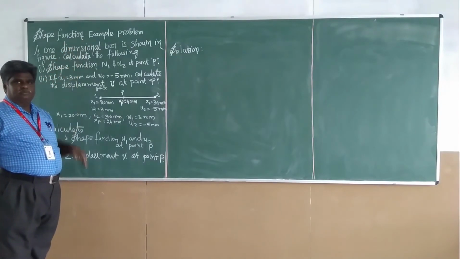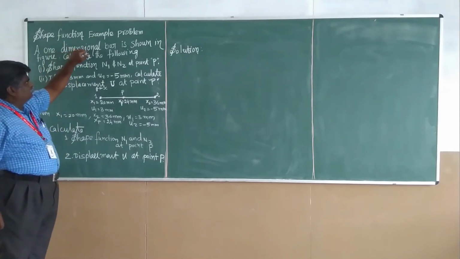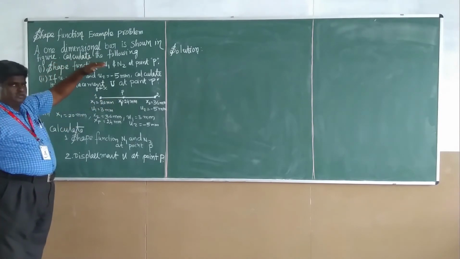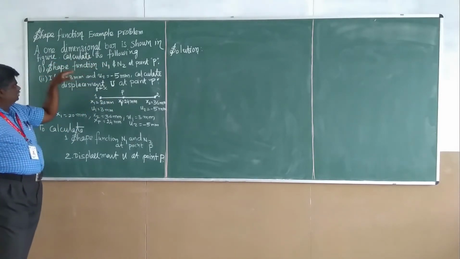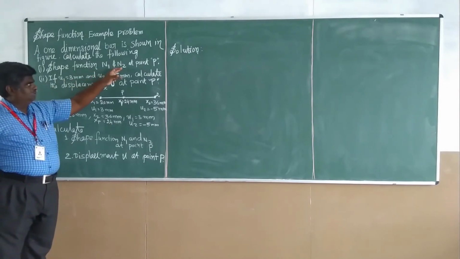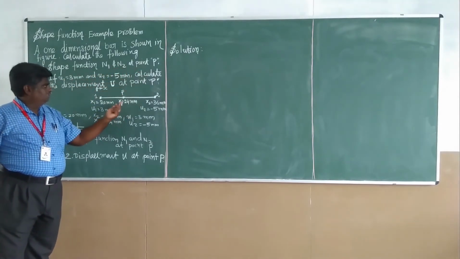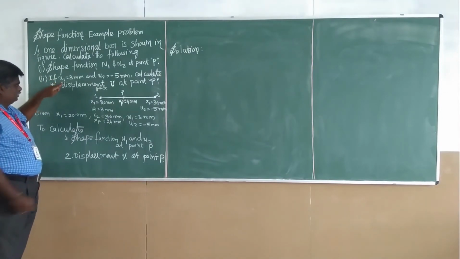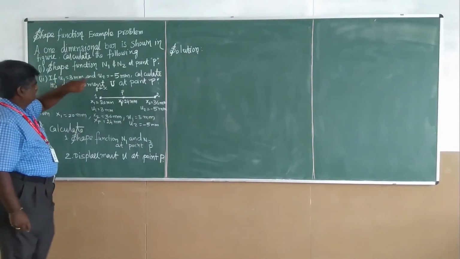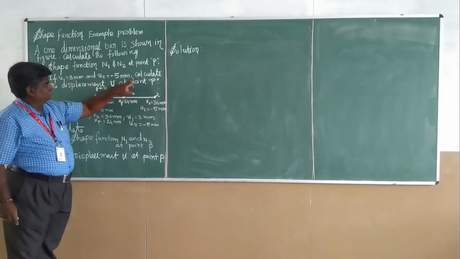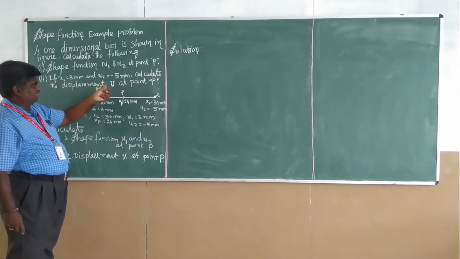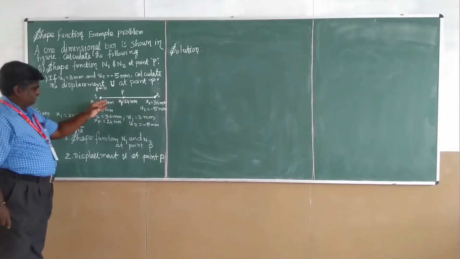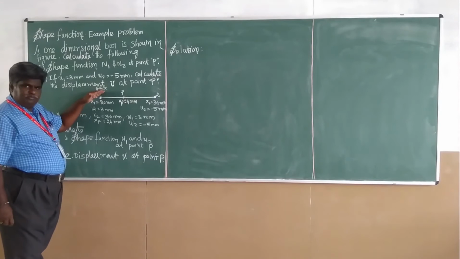Shape function example problem. A one-dimensional body is shown in the figure. Calculate the following shape functions N1, N2 at point P. The second part: if u1 is 3 mm and u2 is minus 5 mm, calculate the displacement u at point P. In this figure is a linear bar element.